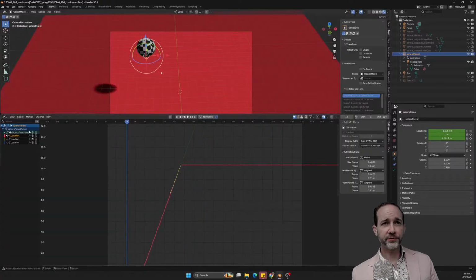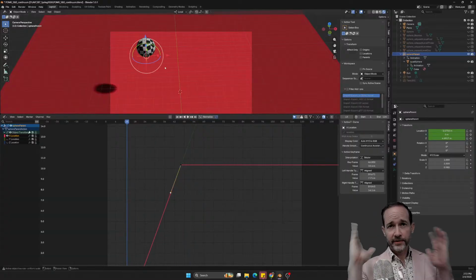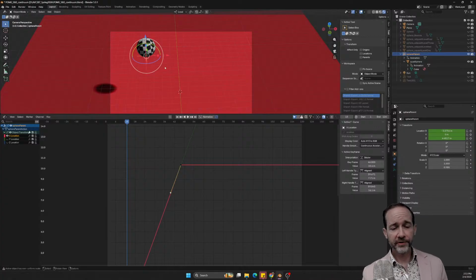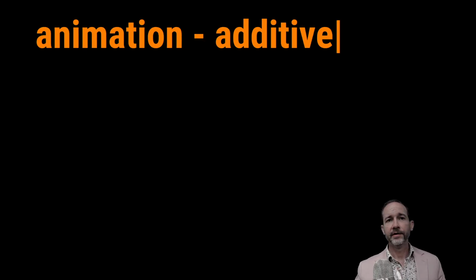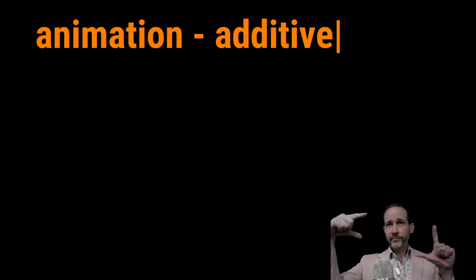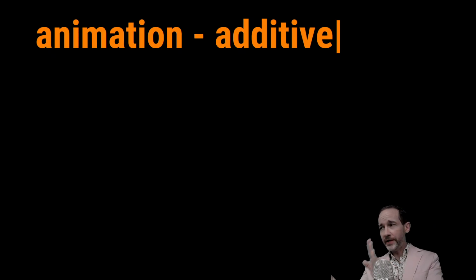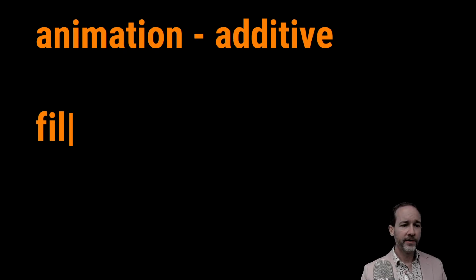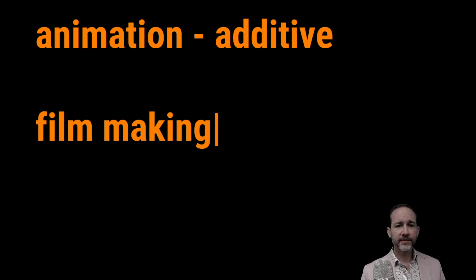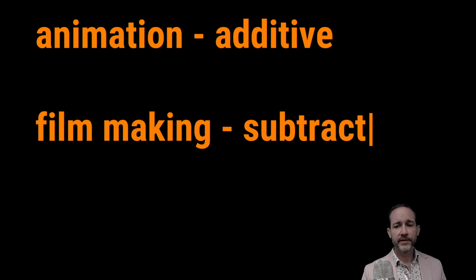So setting up that initial camera angle is important in this one because, you know, we don't want to spend a lot of time animating stuff that's not going to be shown, right? You'll hear me talk about this a lot throughout the semester, especially the way we do it at the scale we're doing it. Animation is additive. We animate something, we figure out how long it needs to be, and we animate that much, right? And then we animate another scene, and then we add all those scenes together, right? As opposed to filmmaking, which ends up being more of a subtractive process.